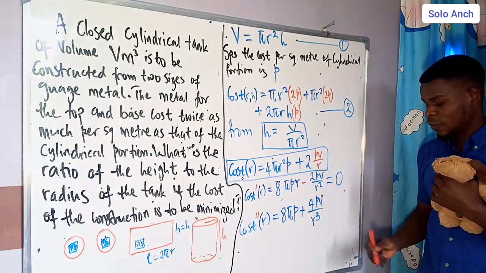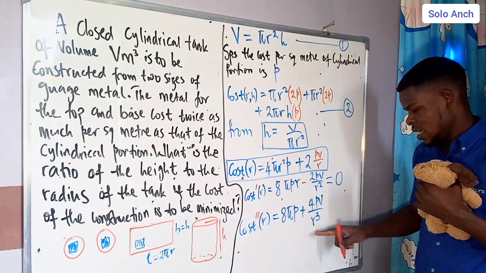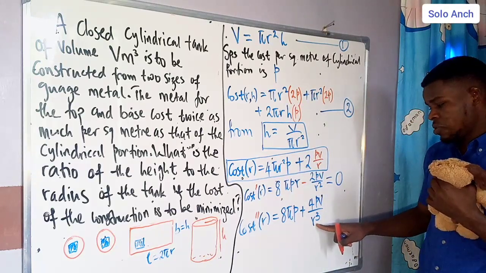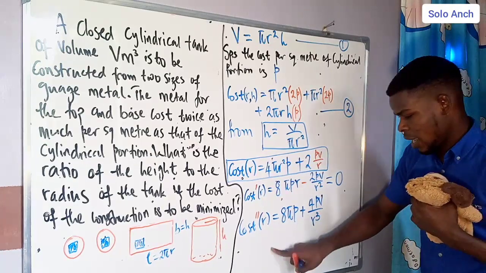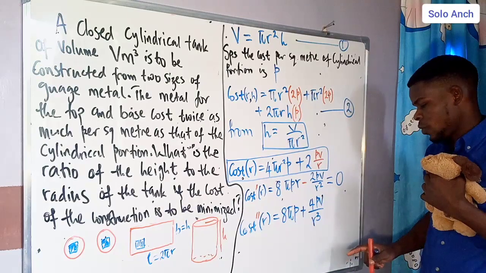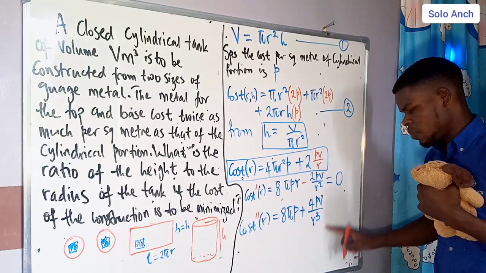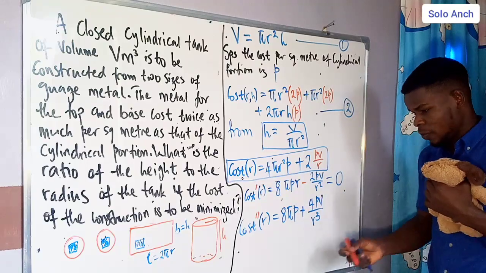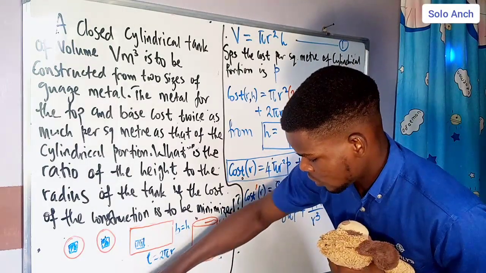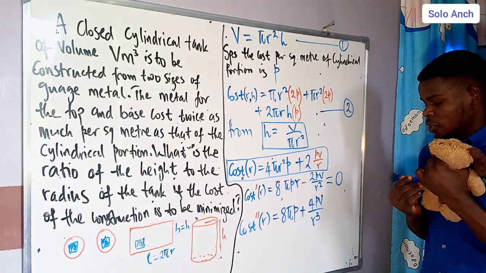So let's see what we have. Notice something here. The second derivative gives us just r in one place. The other r has been reduced to 1 to the power 0. So what do we do? Well, observe, is this thing bigger than 0 or is it less than 0? So let's analyze. 8 of course is just a number and it is a positive number.